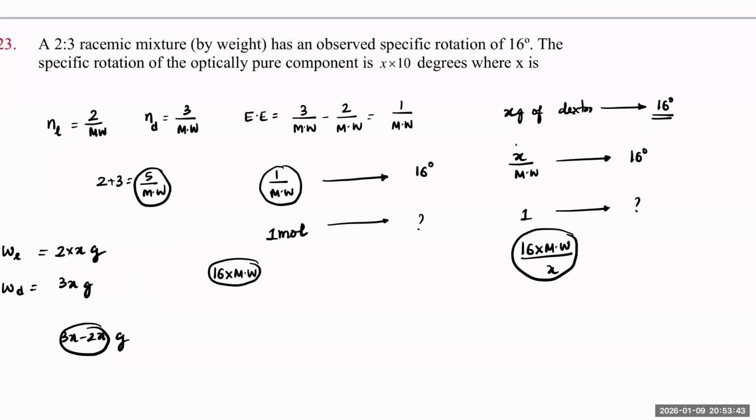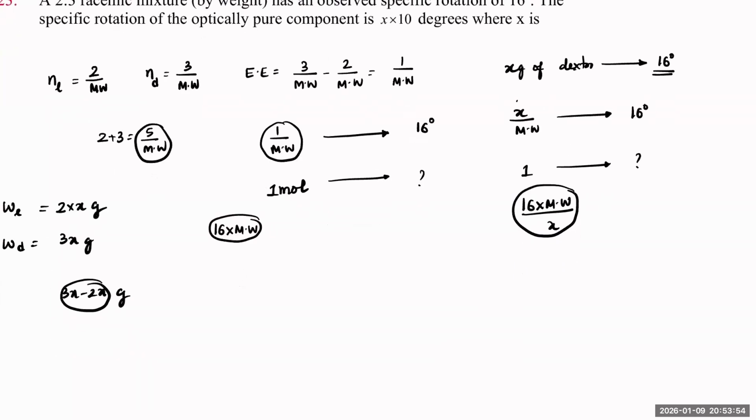Now, this is what we have written in terms of moles actually, because usually the purity is measured in terms of moles. So for 1 mole, how much do we have, isn't it? But we know that if you have this much rotation which is coming for 1 mole here, 1 mole can also be written as some weight divided by molar mass, right?